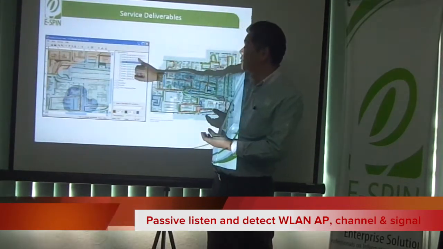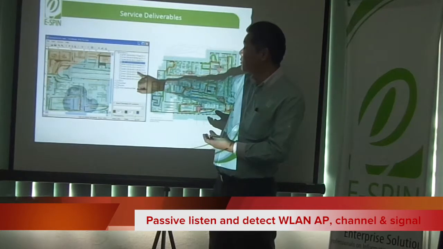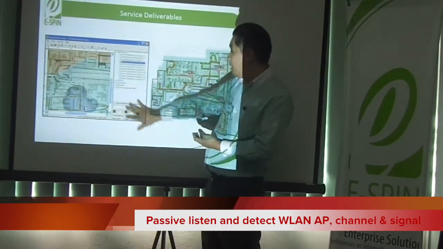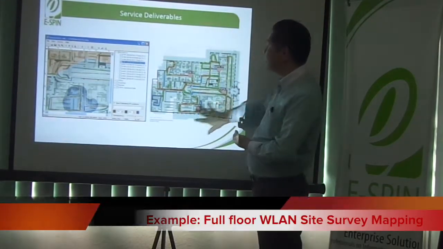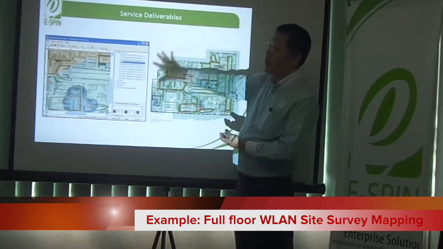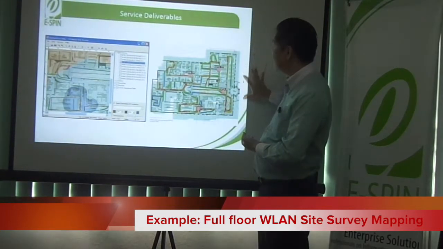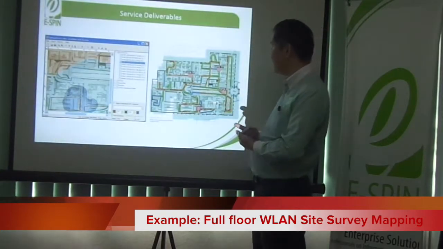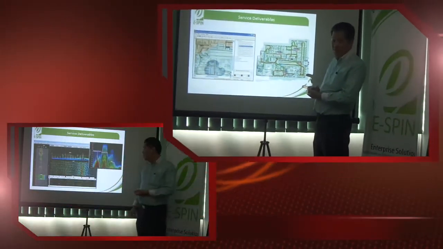At the same time, we will detect what kind of channels and access points we detect along the way. So this is the typical full wireless site survey mapping in color. That usually is part of the deliverable that we will do for the customer.